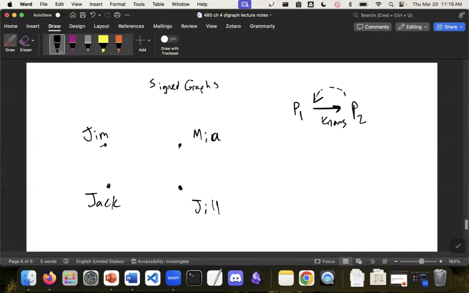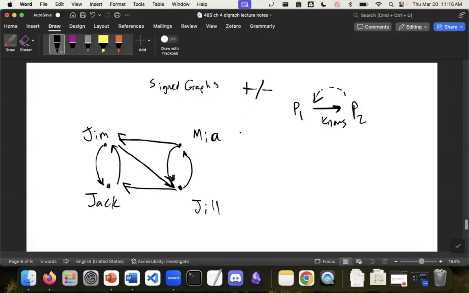So let's see the one that the book has. So this is the one the book has. And you can also add signs to it, like positive or negative signs, to indicate maybe Mia has a positive relationship with Jill, but Jill does not have a positive relationship with Mia.